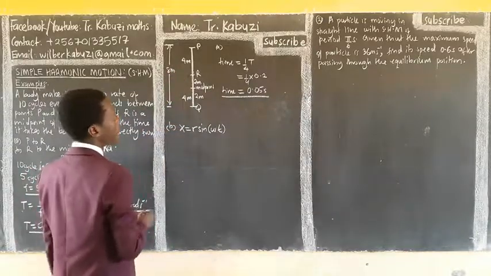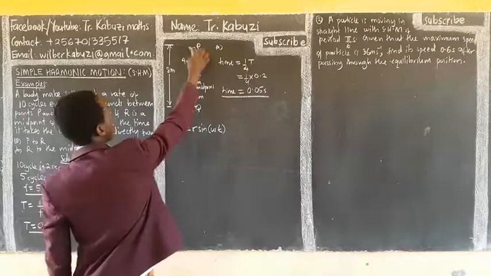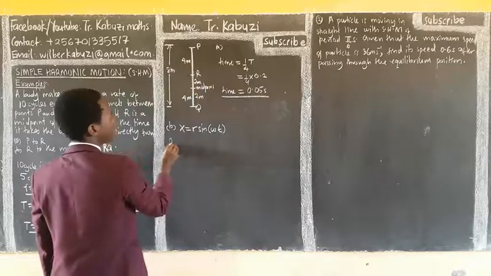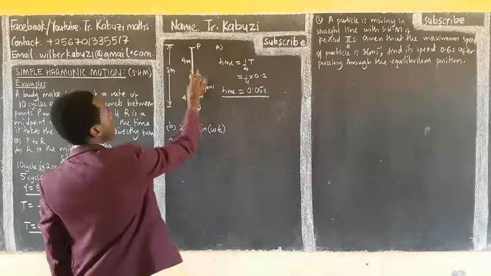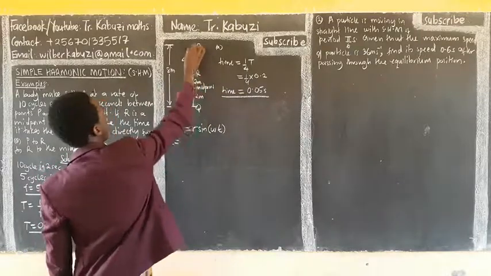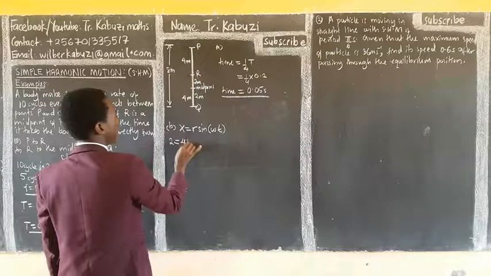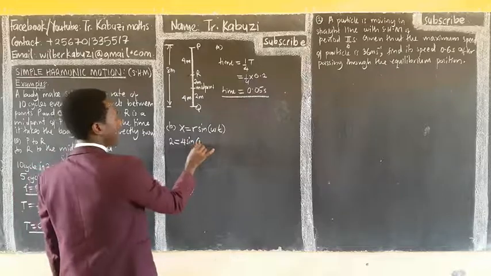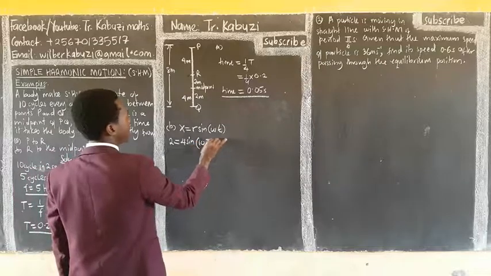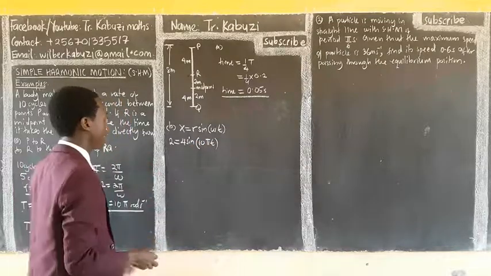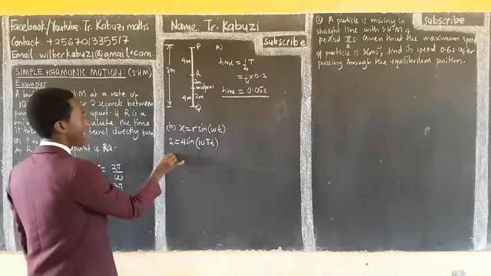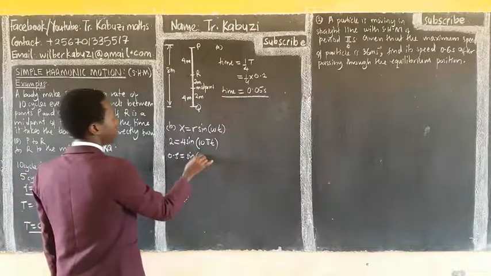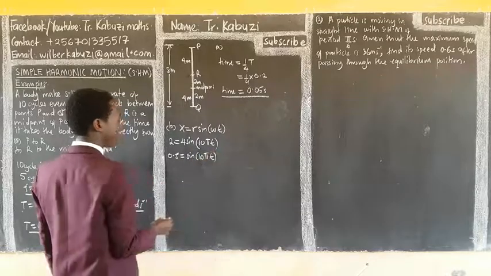So from here, you see that the distance I'm going to come from here up to here is going to be my 2, equal to the amplitude R. This is my amplitude, which is 4. Then sine of my omega t. So I need that sine. When I get this, I have 0.5 equal to sine 10 pi t.